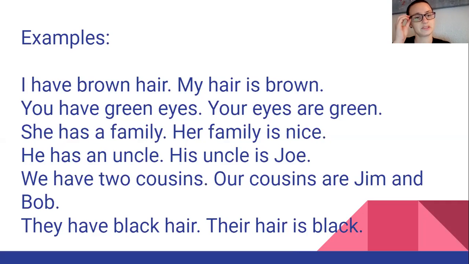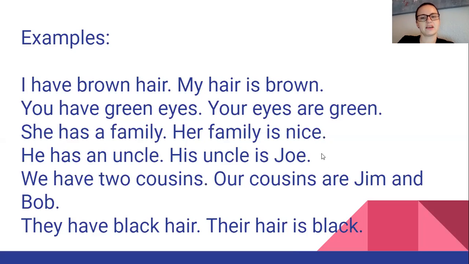So a couple things here. You might say, well, if they mean the same thing, why might I choose one or the other? And that's a great question. So let's go with the uncle. He has an uncle. If I say he has an uncle, the only thing I'm saying in that sentence is that there's an uncle in his family.